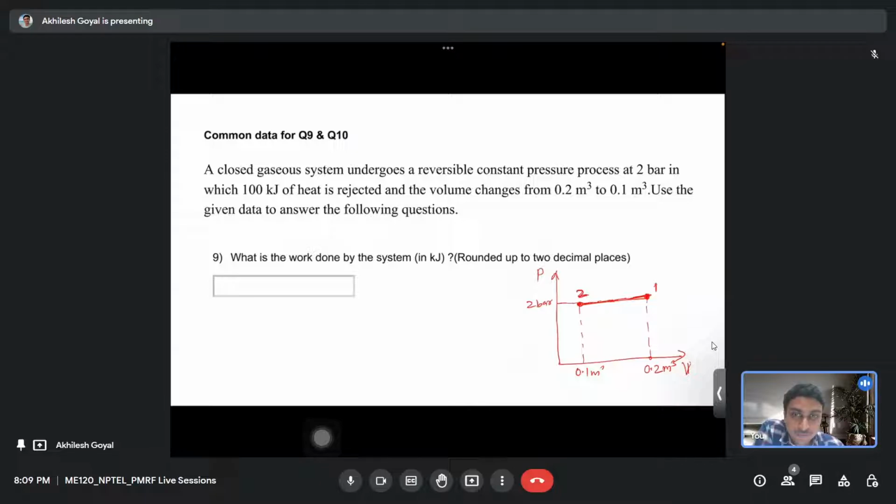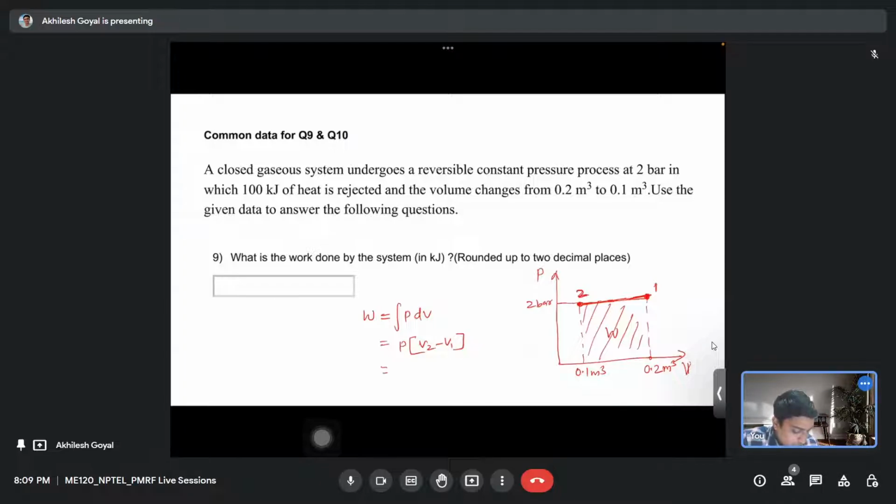Now in question 1, what we need to find out is the work done by the system. The work done by the system is the area under the curve, that is W. Also W is the integral of P dV. Here P is constant and volume changes from point 1 to point 2, so V2 minus V1 is the volume change.